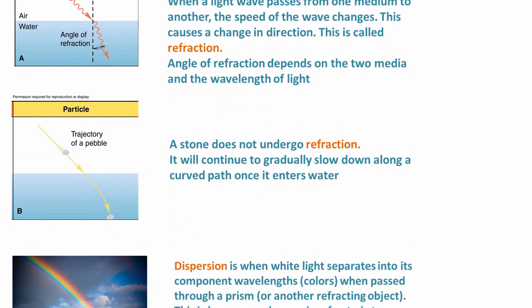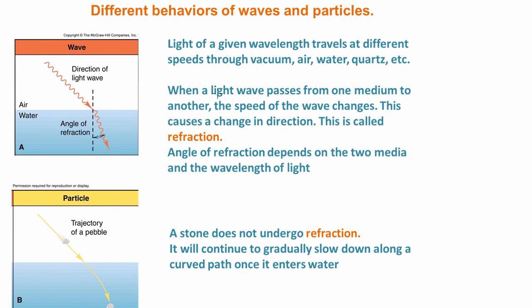We need to talk about a little terminology here and about the different behaviors of waves and particles. And you know, Isaac Newton studied the properties of light back in the 17th century, and he thought that light consisted of a beam of particles.